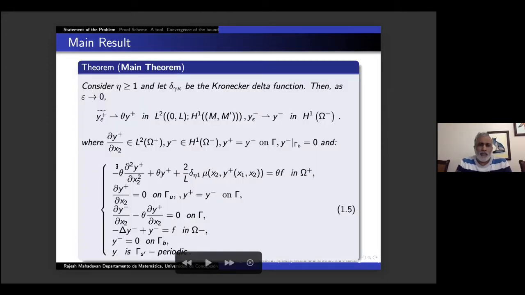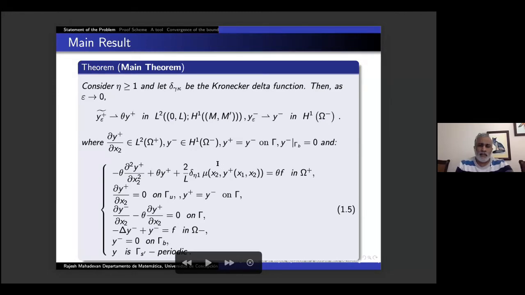And so in the upper part you have this equation, which is a kind of homogenized equation. In the limit, instead of the Laplacian of y, you have only the second partial derivative with respect to x2, multiplied by the filling factor theta, and here also you see that presence.